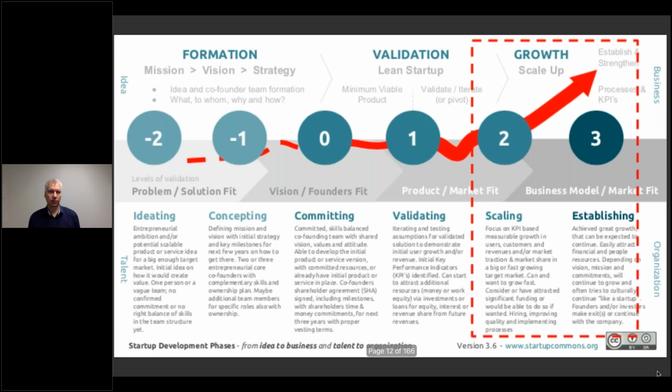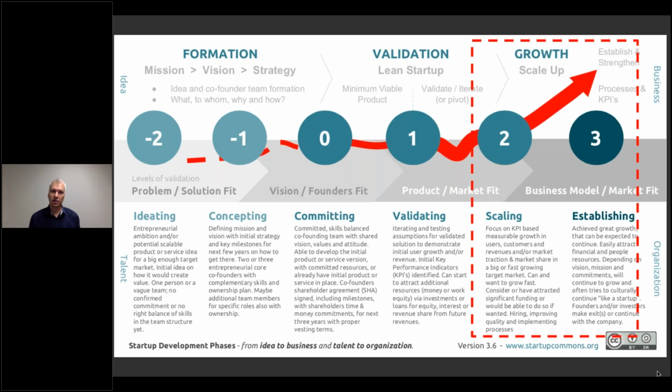Let's look at the scaling phase. So when we look at this from the aspect of the startup development phases, we have covered now the formation and validation, and just as on the previous modules, when you are entering into a growth phase, a scaling phase, it means that you are free to forget and not worry about the majority of the things from the past activities, but you still have, of course, all of the things that you produced and all of the learnings that you gained on how to do validation.